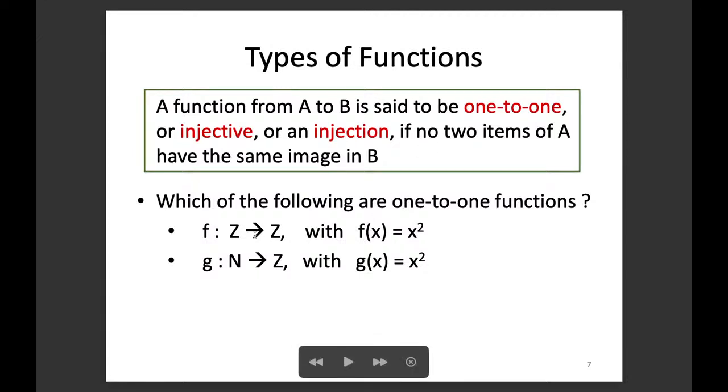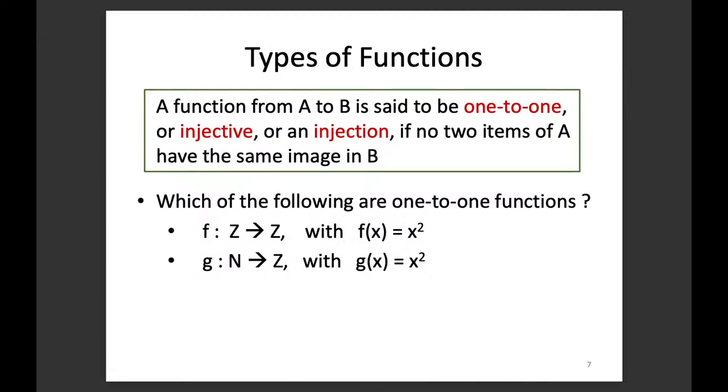Let's take a look at these two examples. The first one is the function f that maps from the integer set, all kinds of integers, positive, negative, and 0, into integers, where the function f(x) maps x into x squared. Here, we can see that it is not a one-to-one function.